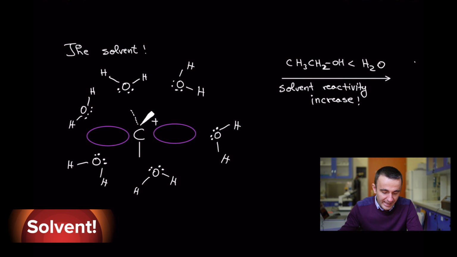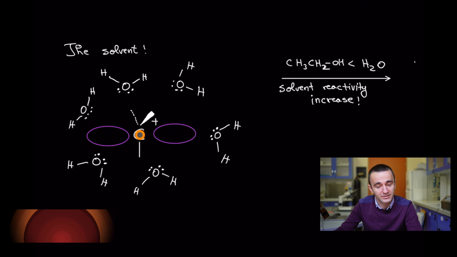The properties of the solvent that contribute to its ability to stabilize ions by solvation are related to the solvent polarity. As you can see here, polar solvents such as water, methanol or ethanol stabilize the carbocation intermediate. Stabilization of the carbocation intermediate translates to a lower transition state energy, so a faster SN1 reaction.